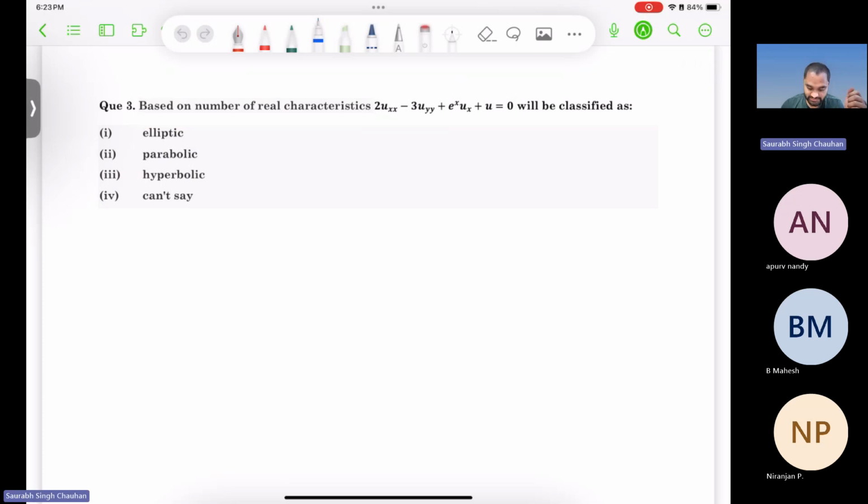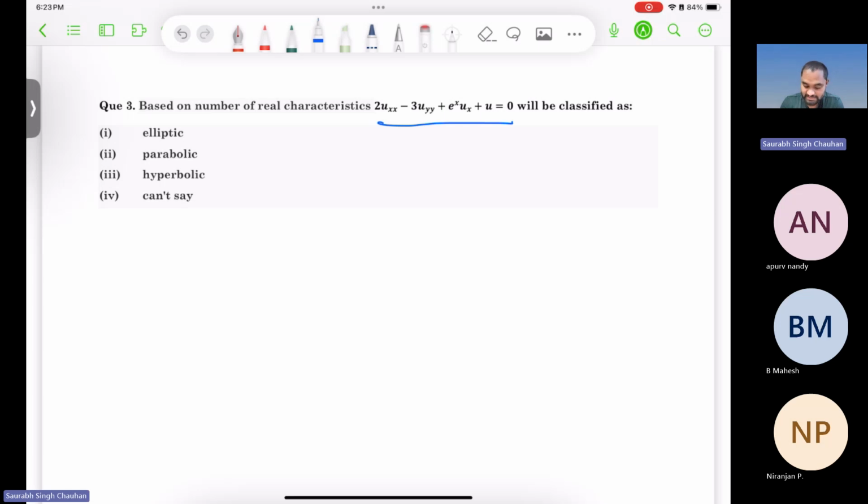So we have this equation: 2uxx minus 3uyy plus e to the power x ux plus u is equal to 0. It is asking, based on the number of real characteristics, how will this equation be classified: elliptic, parabolic, hyperbolic, or we cannot decide. The method is the same, right?